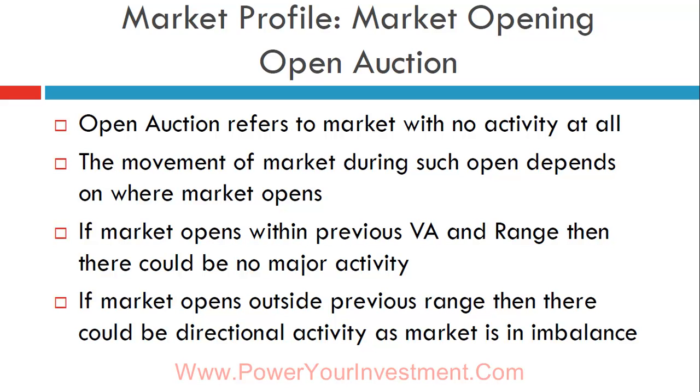Now if your system is giving a good breakout and you see the profile opening is above the previous value area and range, you immediately know that the OTF trader is in control, so you can enter it. Whereas if you have a breakout within the previous profile range or the value area, and the volatility is low, there are more chances that it would be an open auction kind of opening, so you can wait it out. Alright, I hope you're getting it.